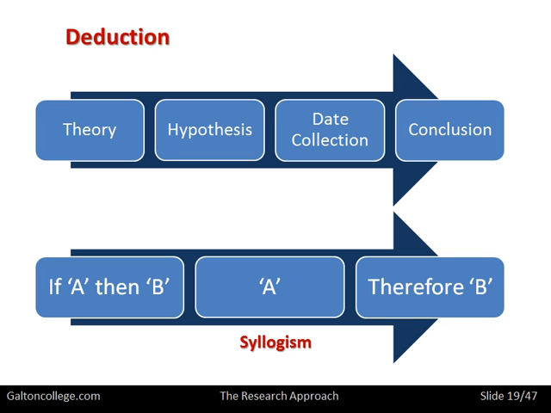If the price falls, more will be sold. Then we have A: the price has just fallen. So if A, if the price falls, then B, more will be sold. A is the price has fallen. The conclusion is, therefore, more will be sold. Therefore B, more will be sold.